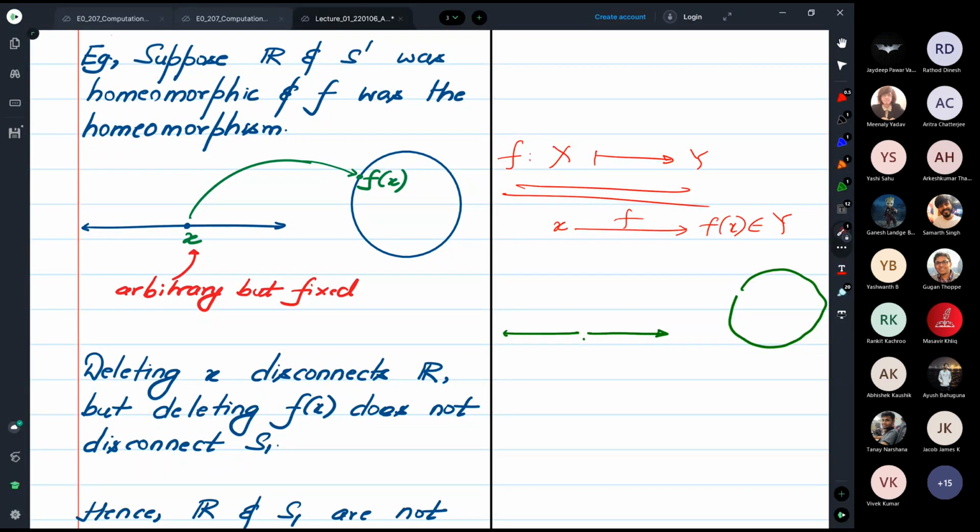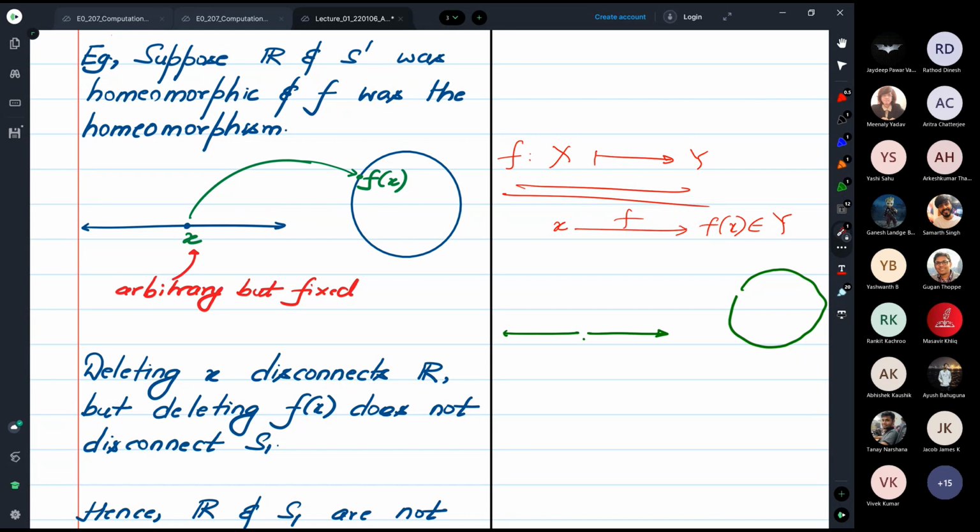So you can see that we have identified a property. Why this property is preserved under homeomorphism is a question I'm not answering. This is a question for a more mathematical course, but for the time being, you can believe me that if I remove a point and look at the number of components in the resultant object, that should be preserved under homeomorphism.